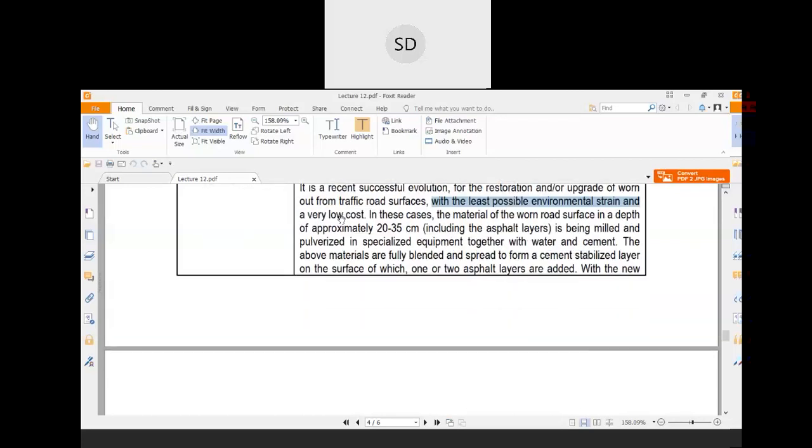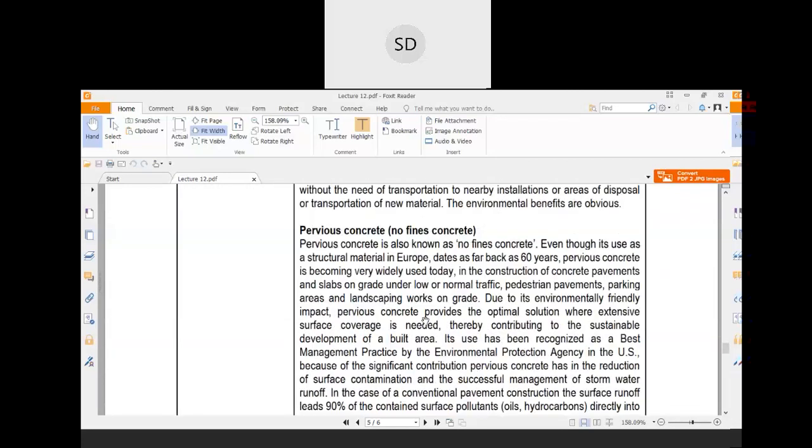So this is another use of cement concrete pavements. And another important thing is pervious concrete. In pervious concrete, water can easily pass through. It would be a perforated type. Whenever you put some water over it, all the water will pass through it and go to the underneath portion.